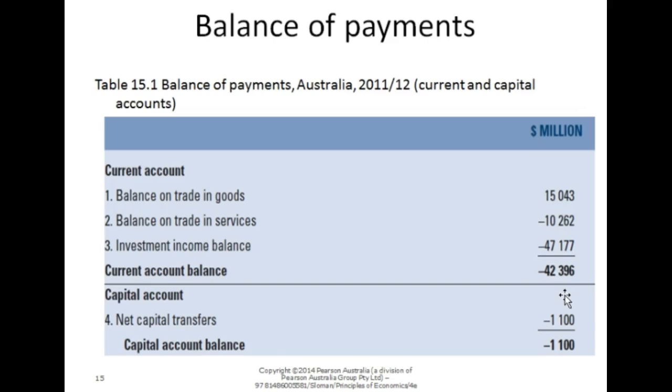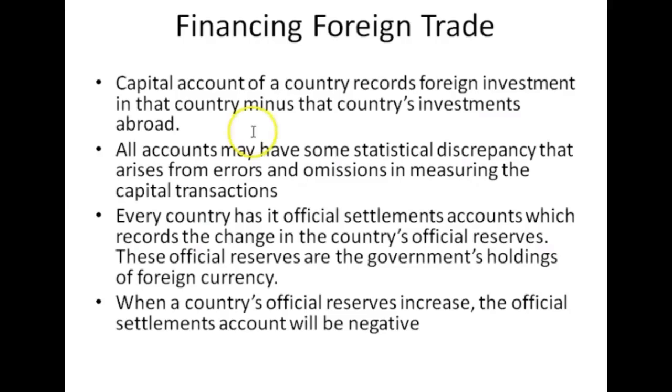And in the capital account, we can see the net capital transfer was $1,100 million. So the capital account balance was also negative, whereas we'll see that it will be covered by the financial account surplus.